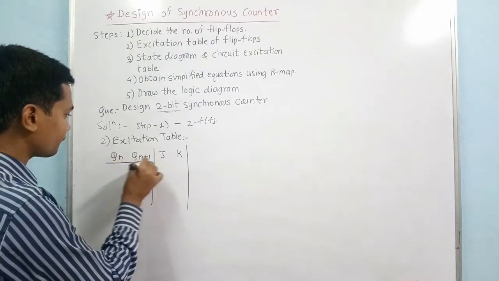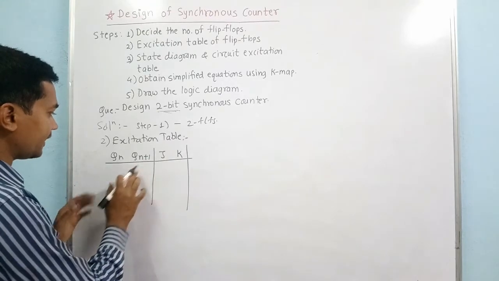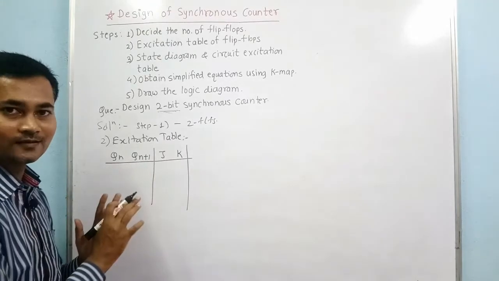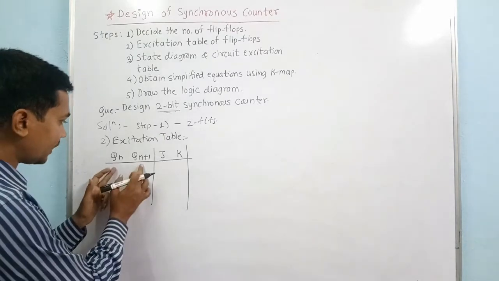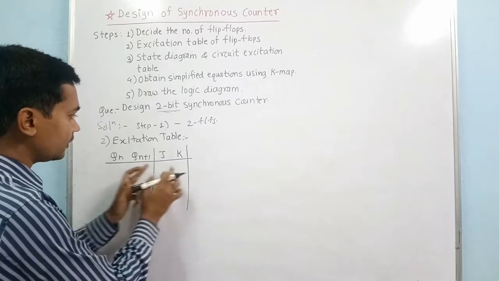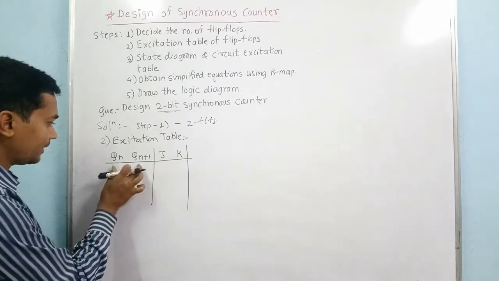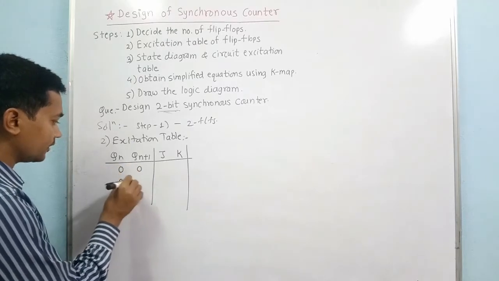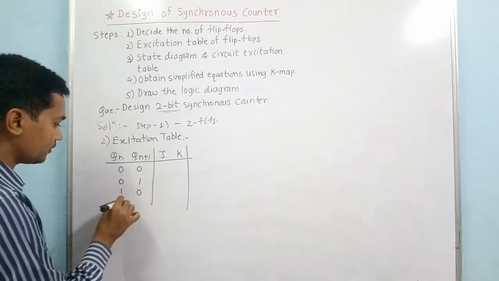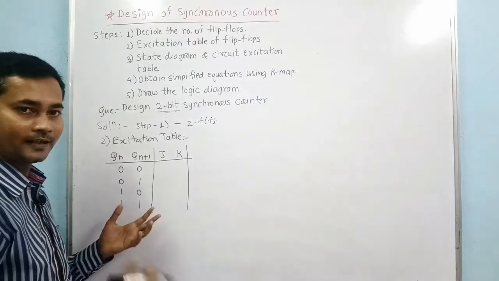Now Qn and Qn plus 1 are the two inputs to the excitation table, and from them we have to find out the J and K values. Two bits make 4 combinations, so I will write here 00, 01, 10 and 11.